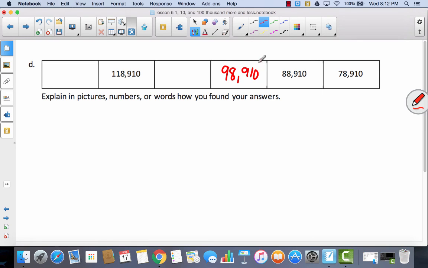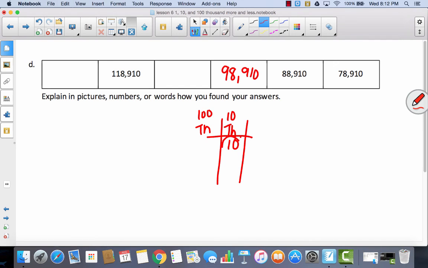Okay? But if I try to add 1 to the 10,000s place, that's going to give me a 10. So what happens when I get a 10? I'm going to bundle it, right? So if I have 10 in the 10,000s place, if this is my 10,000s, what is to the left of it? 100,000s.